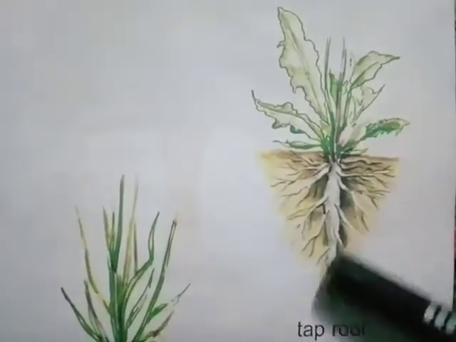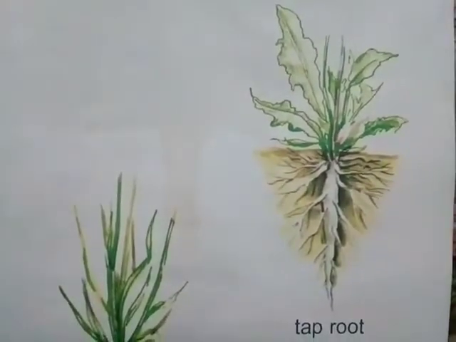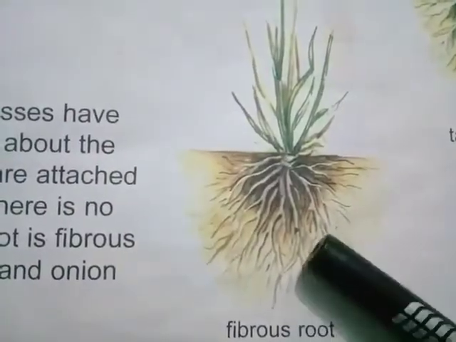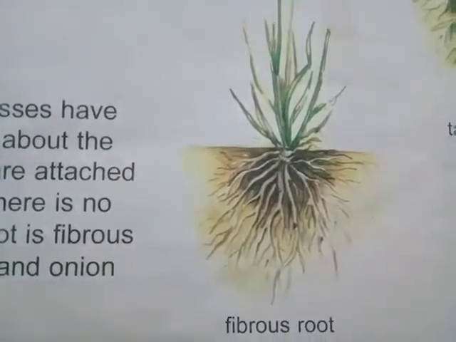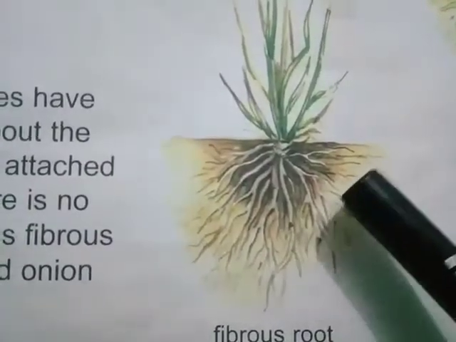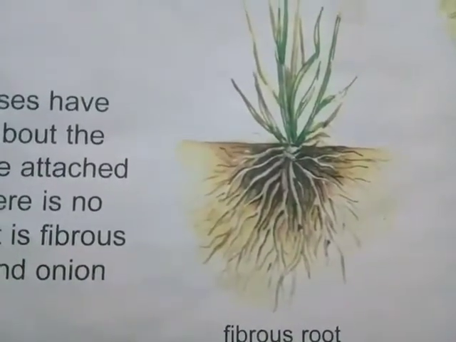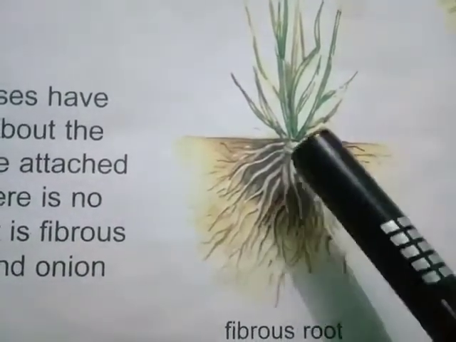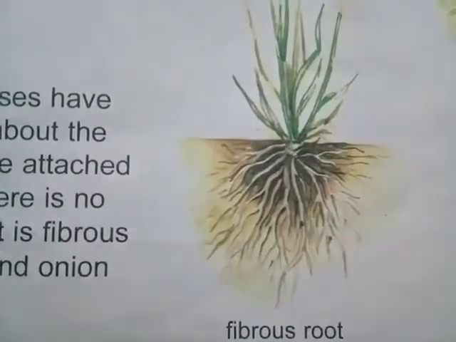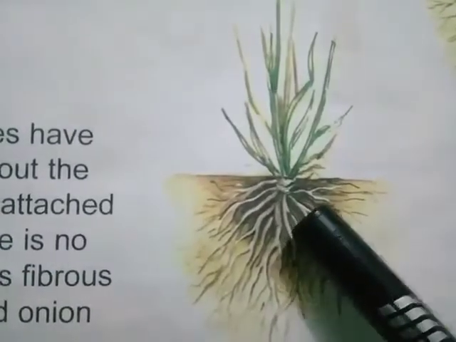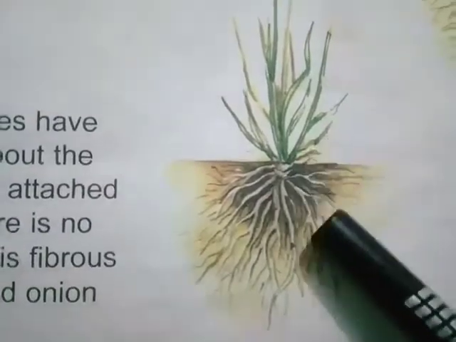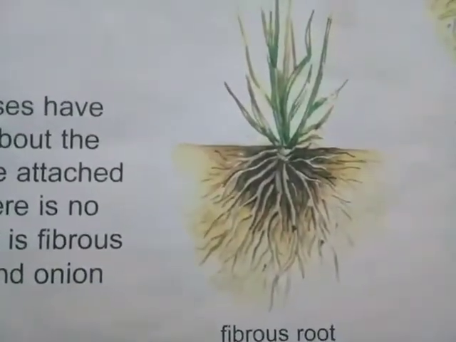This type of root is called taproot. Other plants such as grasses have many roots. You can see in the picture all roots are about the same size. These roots are attached to the end of the stem, and there is no main root. This kind of root is called fibrous root.